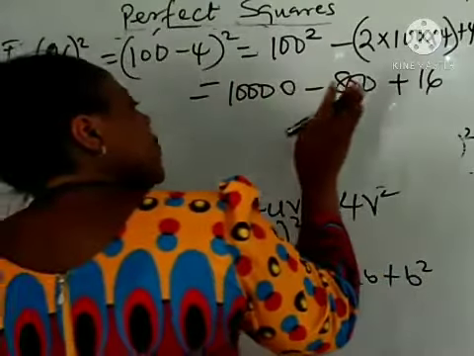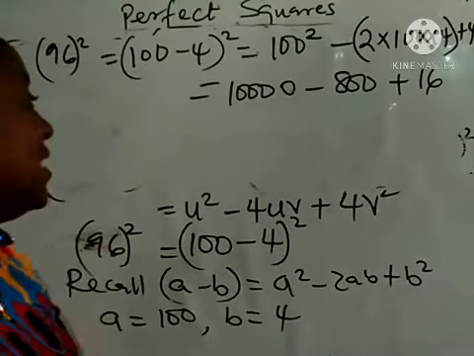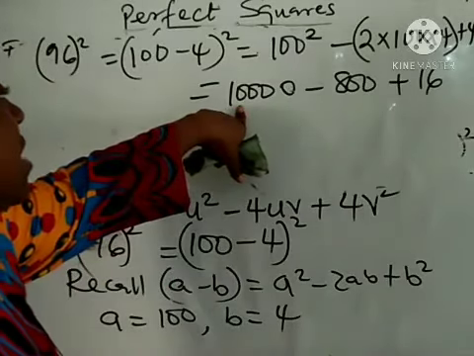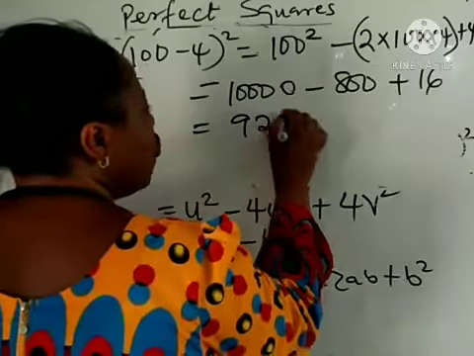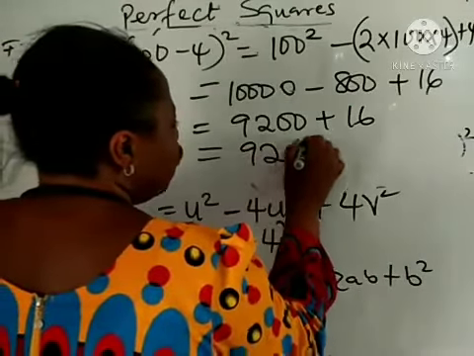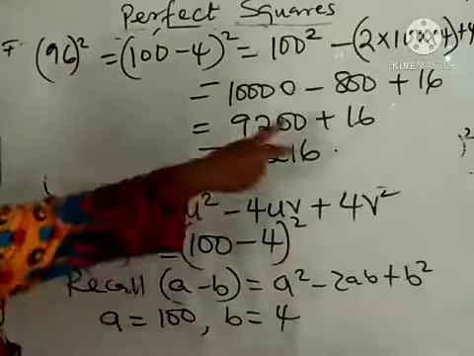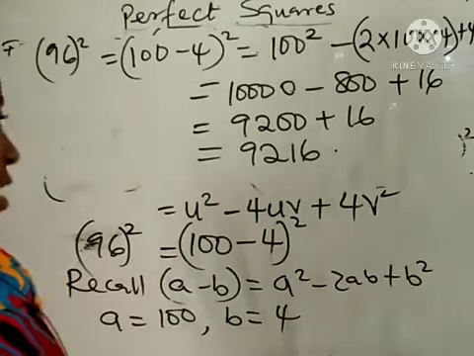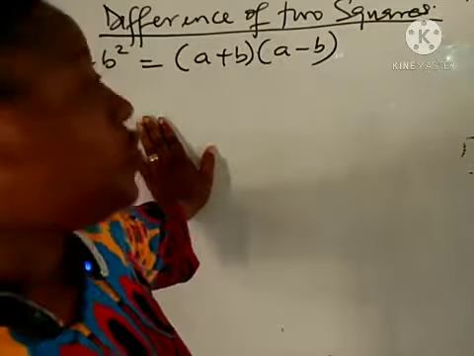If I take 800 away from 10,000, what do I have? I'm going to have 9,200. So that will give me 9,200 plus 16. And that will give me 9,216. So now we are moving to difference of two squares.